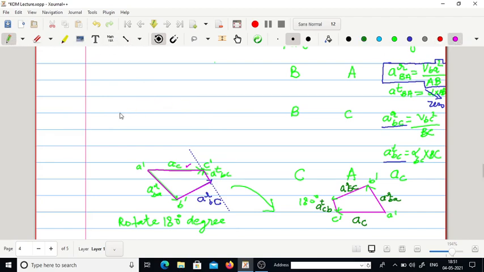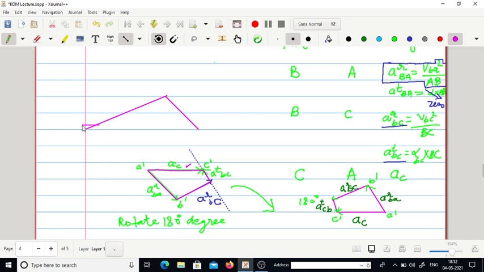So let this represent the link CB, this is the link AB.